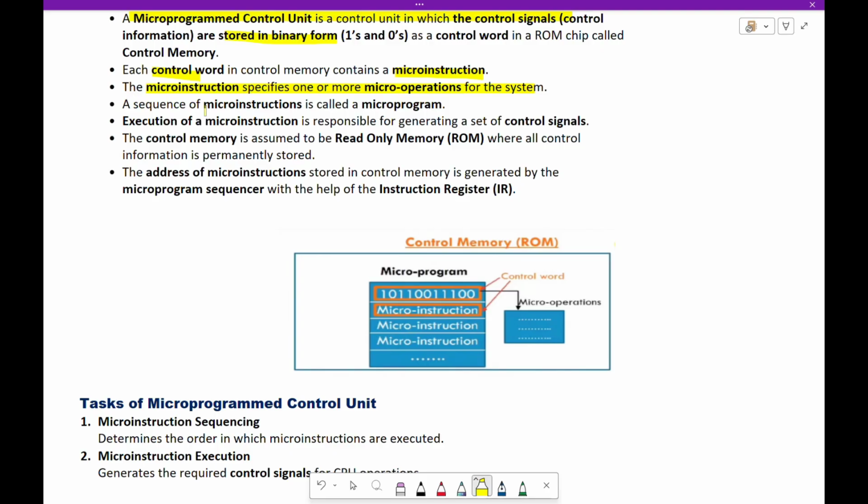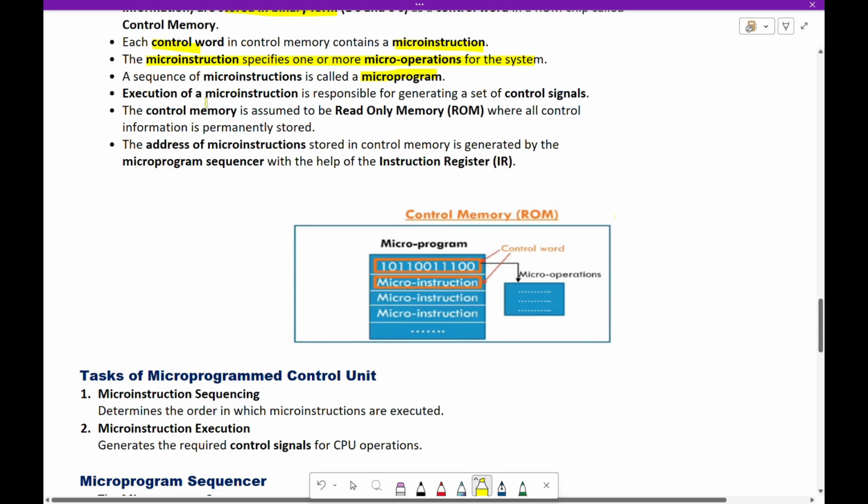A sequence of microinstructions is called a microprogram. Execution of a microinstruction is responsible for generating a set of control signals. The control memory is assumed to be read-only memory, where all control information, like all control signals, is permanently stored.